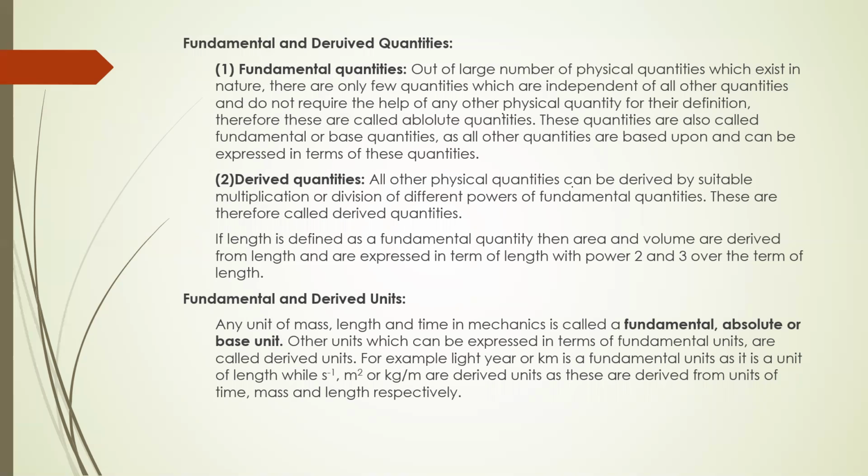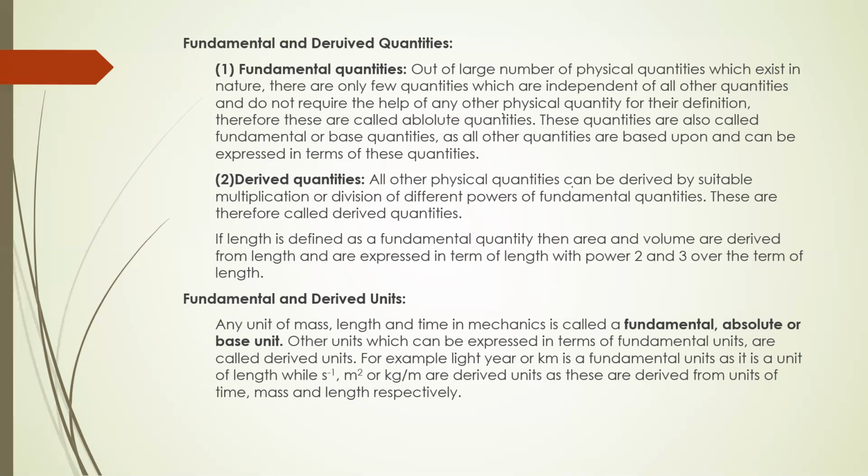What is the meaning of this? See here, students, there are two types of physical quantity: one is the fundamental quantity and the other is the derived quantity. Fundamental quantities exist in nature, and there are only a few quantities which are independent of all other quantities and do not require the help of any other physical quantity for their definition.